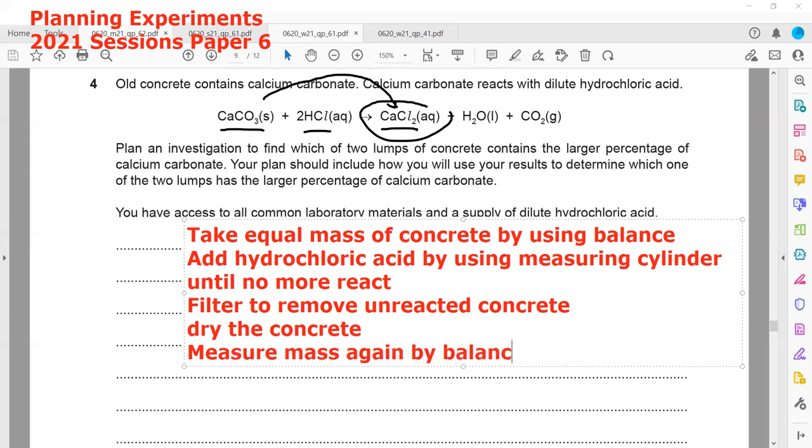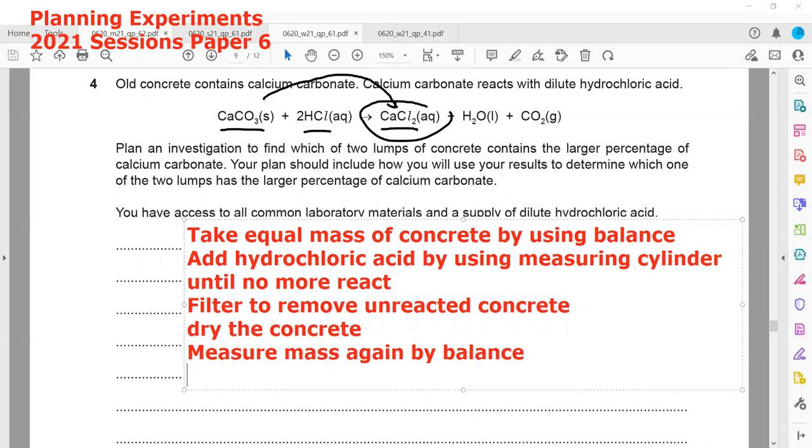By the balance. And then how will we know which contains more? The sample of concrete which contains a greater proportion of calcium carbonate will show a greater change in mass, because the calcium carbonate reacts with hydrochloric acid. If it contains a small amount of calcium carbonate, there is a small change in mass. But if it contains a greater proportion, the change in mass will be higher.